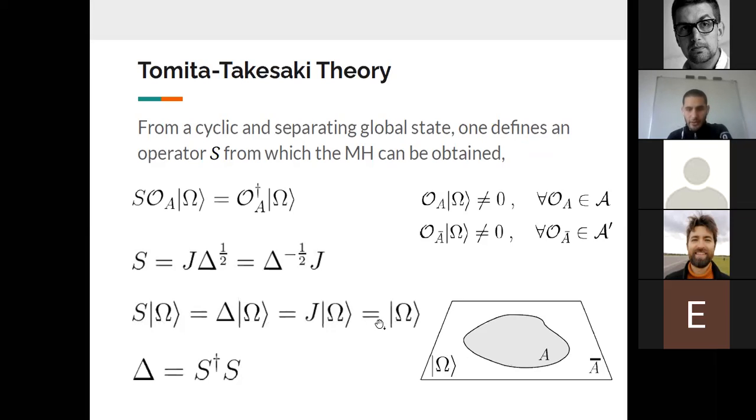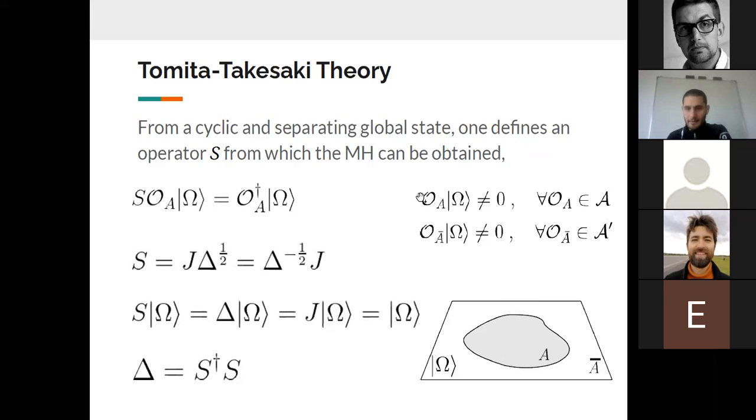These are properties that you can show if S meets this condition. Oh, I'm sorry, O_A is any operator inside the algebra of the region A, and A prime is the converse for the outside region. And these properties have to be met by the state.